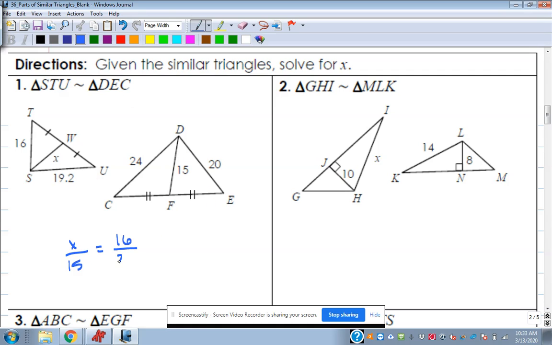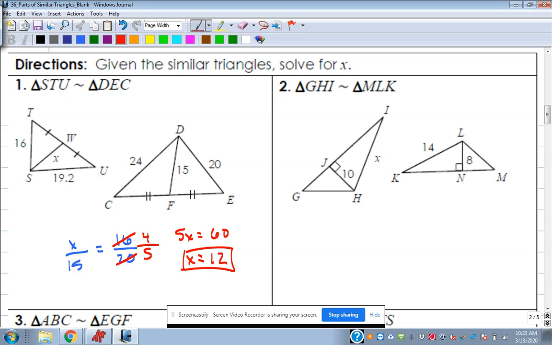You've got to follow the similarity statement and be careful of that. That's how you can mess up here. Simplify that to 4 over 5, and then 5x equals 60, x is 12.